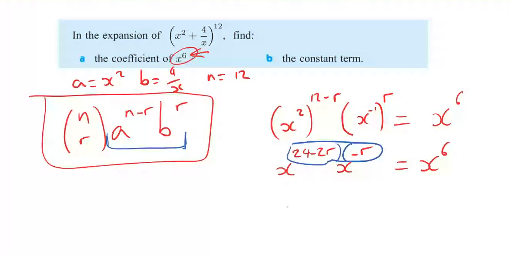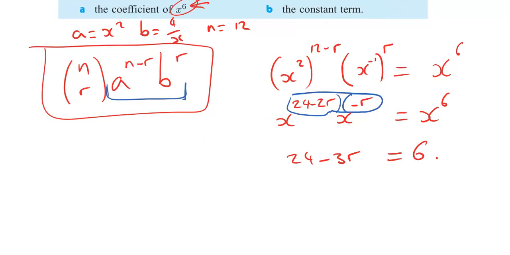So 24 minus 3r, that's the 2r and the minus r combined, must be equal to 6. If I take away 6 from both sides and add 3r, I have that 18 is 3r, which means that my r value is 6. And now we're in good shape. That's what we needed to find.